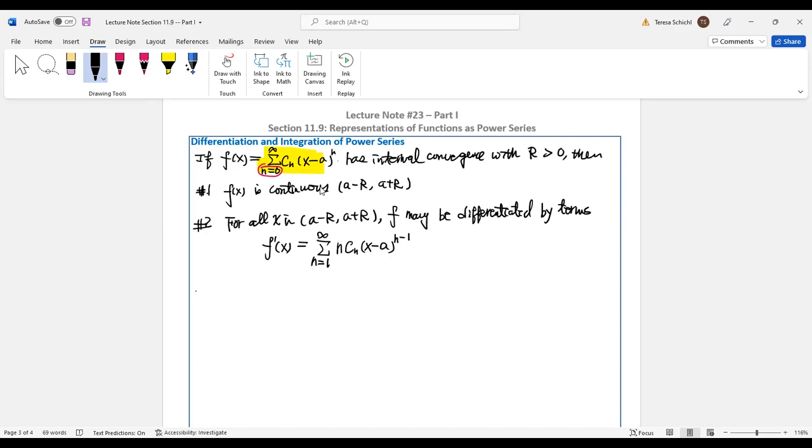Then, if we want to integrate, we can integrate too.